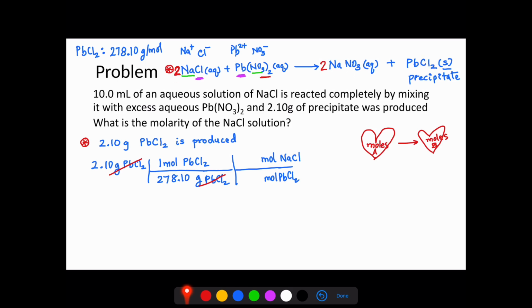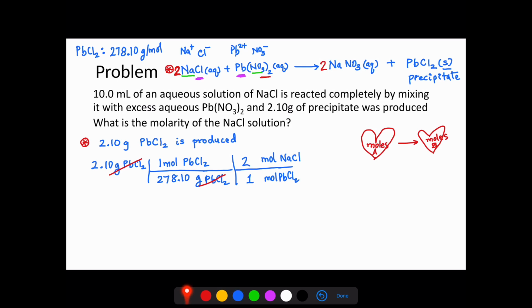This is balanced now. Now we can use the molar ratio between lead chloride and sodium chloride. That's 1 to 2. For every 1 lead chloride, there should have been 2 moles of sodium chloride in the solution.